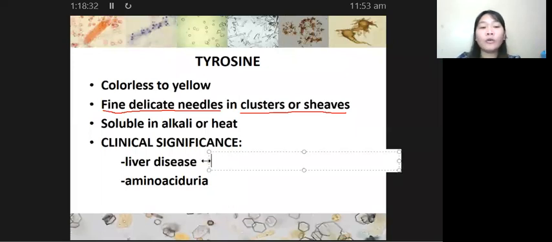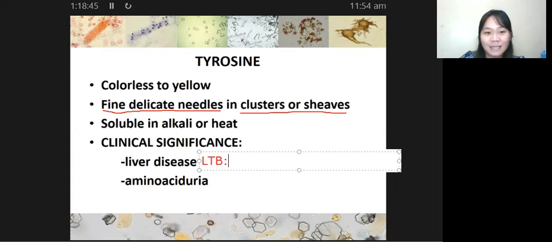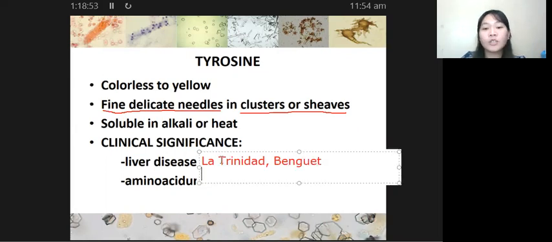aminoaciduria. Okay, so para lang po matandaan natin the different crystals that are associated with liver disease, ano yung ating palatandaan or mnemonics? We have LTB or La Trinidad Benguet. So do not forget La Trinidad Benguet.